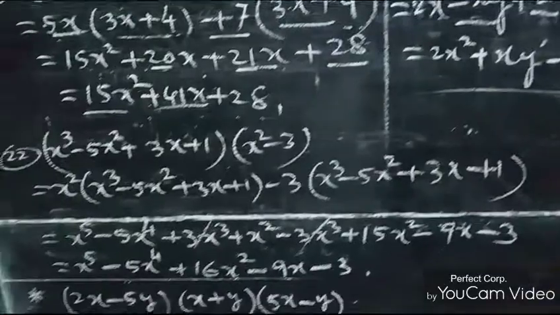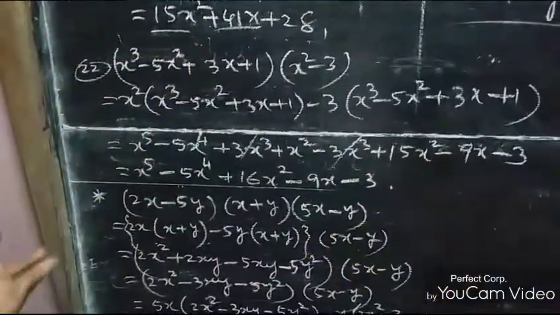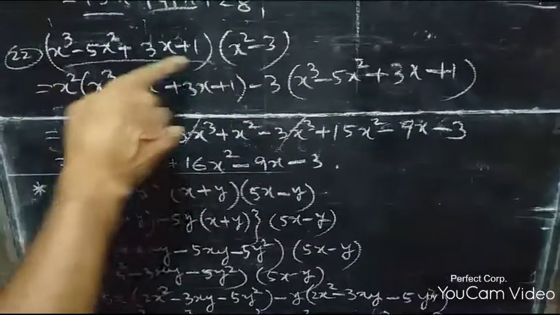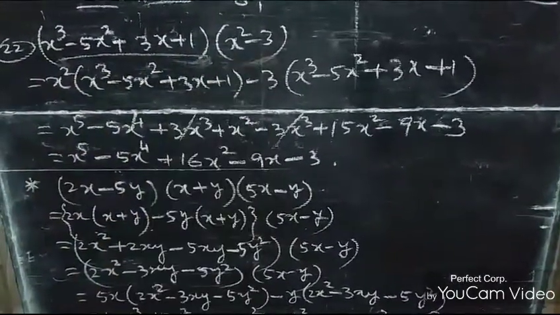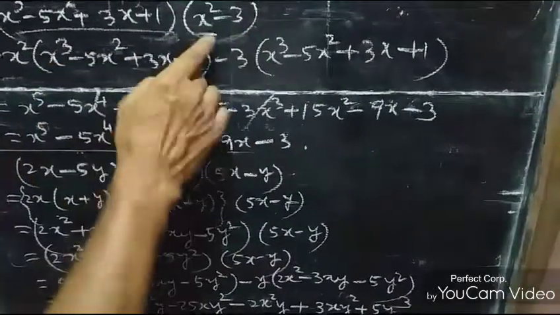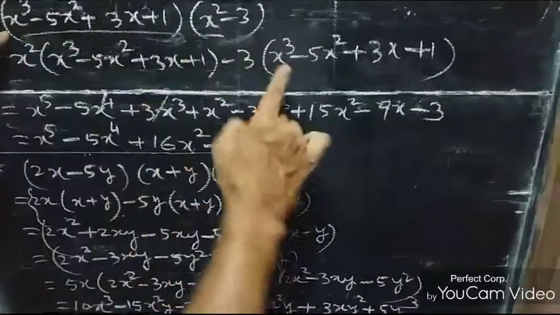This is the answer. If two algebraic expressions have different numbers of terms, here 4 terms are there and here 2 terms are there, you can do this. The 2 terms mean x square into this term, minus 3 into this term.